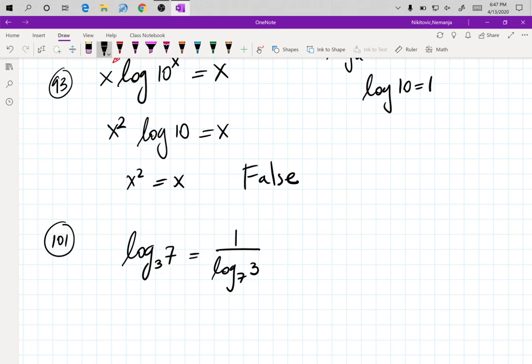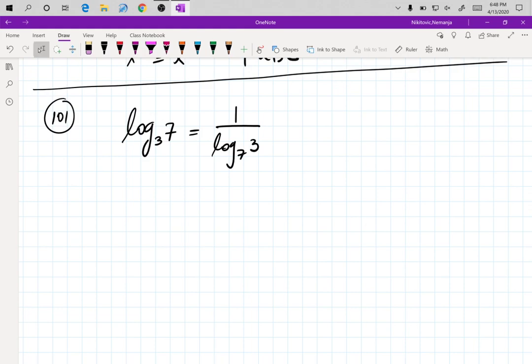So what should we do here? Log base 3 of 7. So think about that one a little bit. How would you approach this problem?